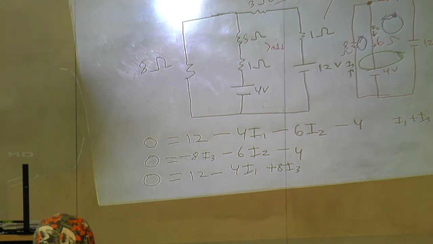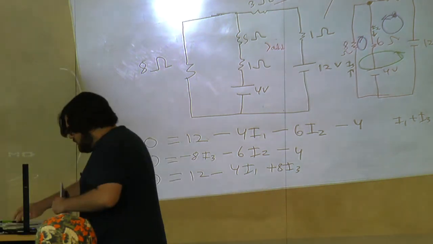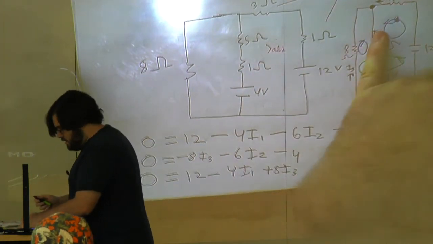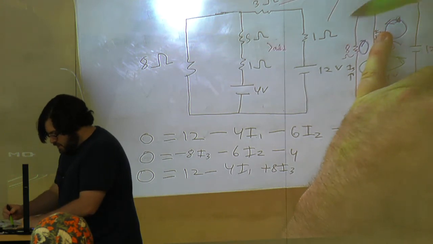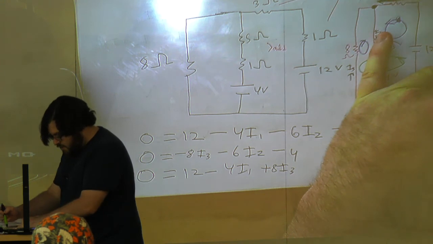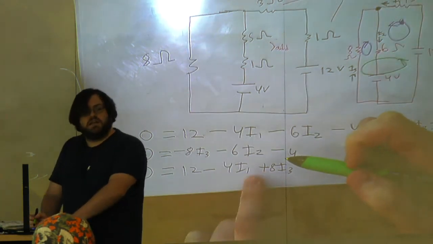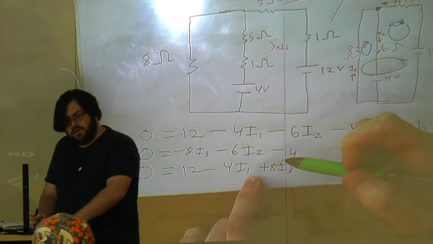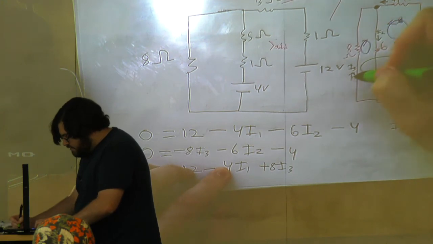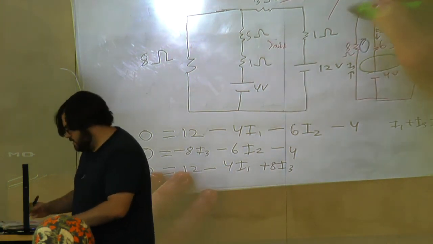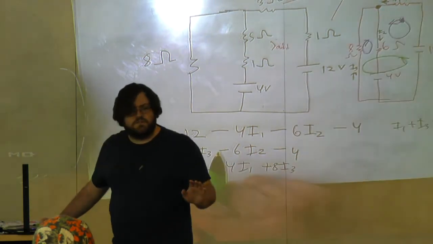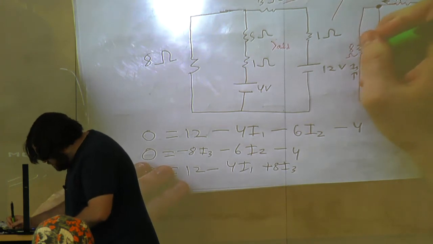What did I do? So what I did was I ignored the central line entirely, okay, and I traced around, all right, 12, 4I, and now you're probably wondering why I put plus. Is that what's giving you a hard time? You're going with the current, right? Well, when I did the second loop, I defined I3 as up. Some of the professors do this thing where they write little pluses and minuses on all of these.